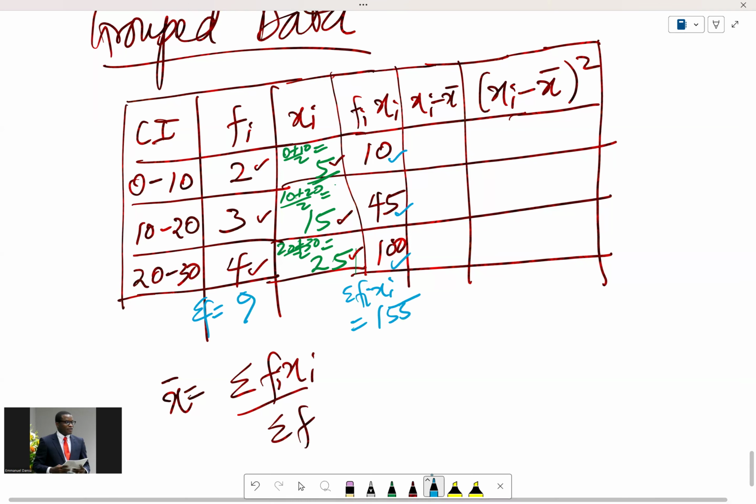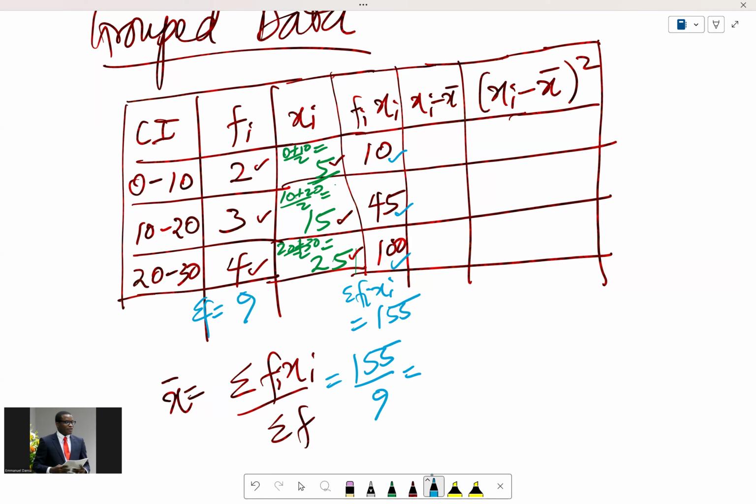So now we need the deviations, xi minus x bar. Okay, we need to compute x bar, sorry. To compute x bar now, that means we have summation f of xi, so that's 155 divided by 9.